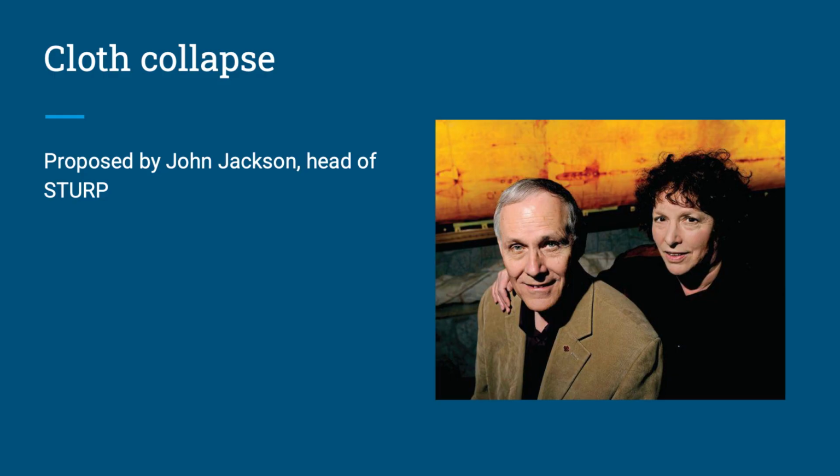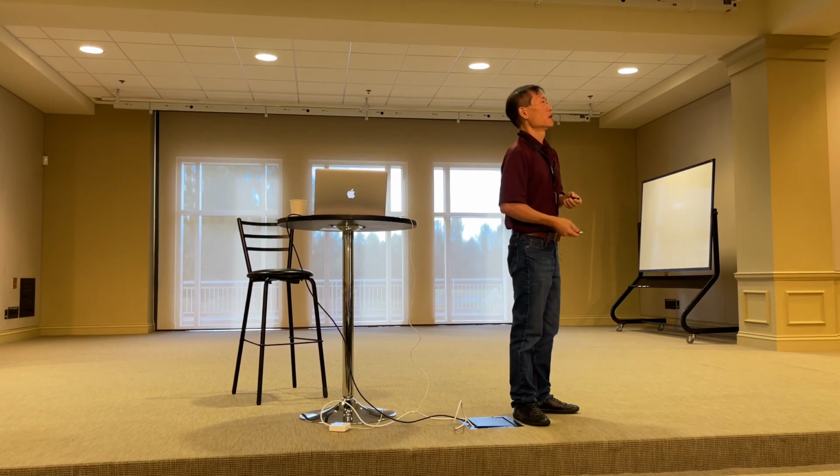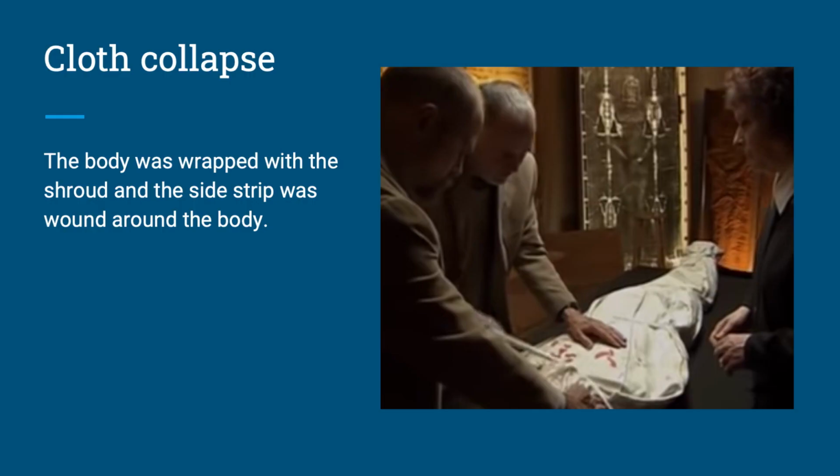So the cloth collapse theory was proposed by John Jackson, who was the head of STURP. And what he proposes is the body was wrapped in the shroud, and that side strip that I talked about was used to wind around the body and to hold the cloth in place.